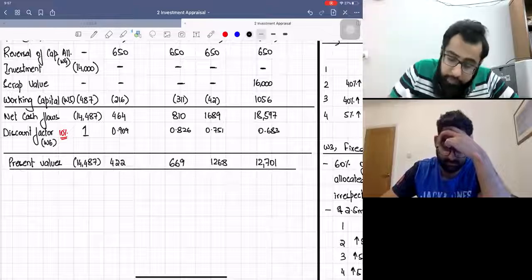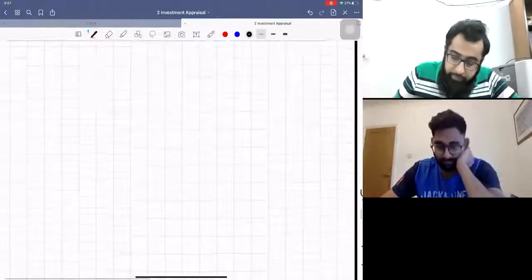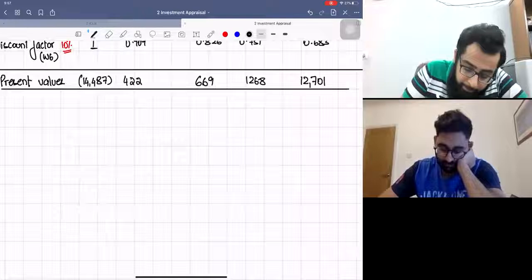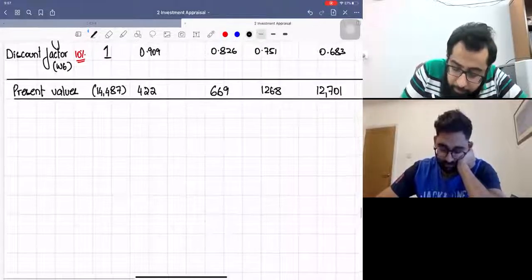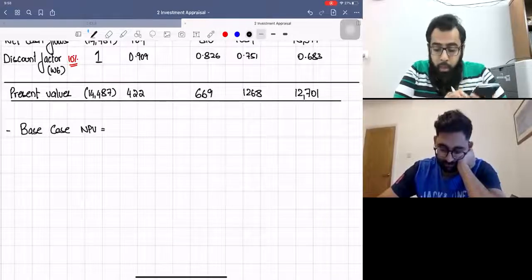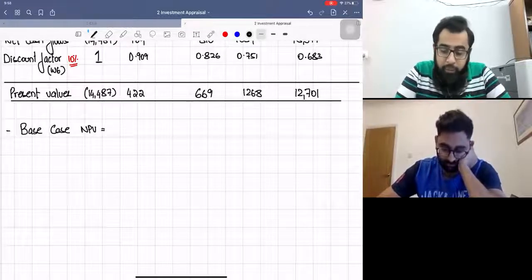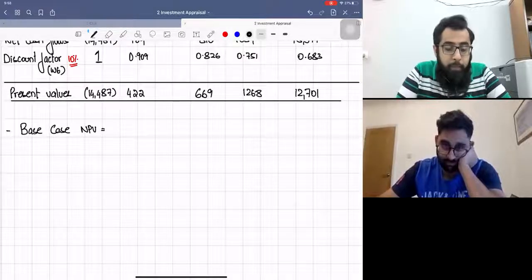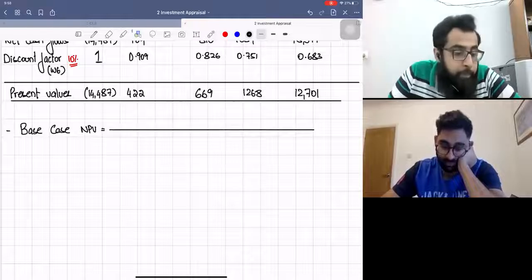So my base case NPV will be, I have sufficient space here. Base case NPV: 14487, 422, 669, 1268, 12701. It's 573. Yeah.